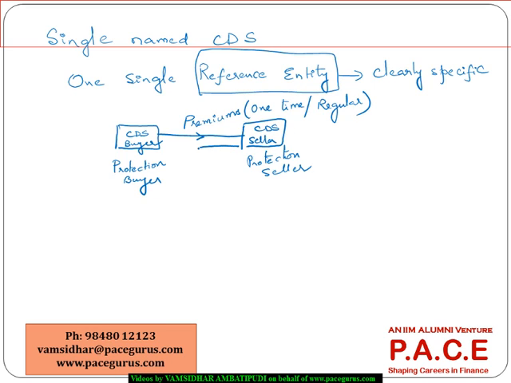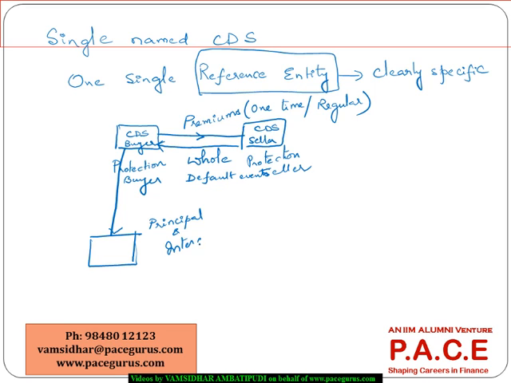And this party will compensate in full in case a default event occurs on some particular reference entity. Let's say the reference entity is some bond on which the principal and the interest payments are happening.